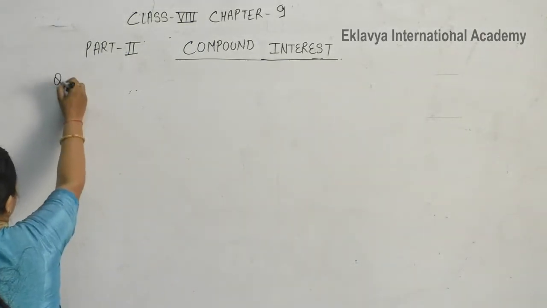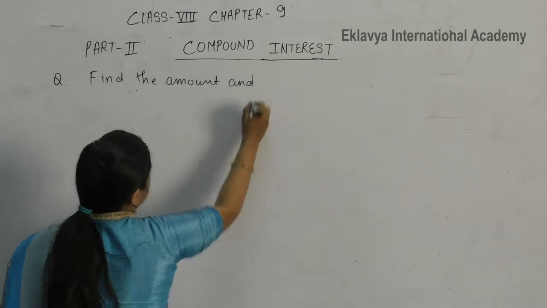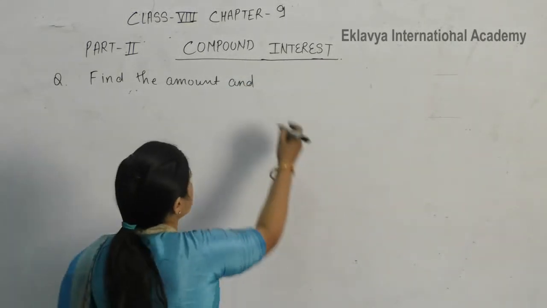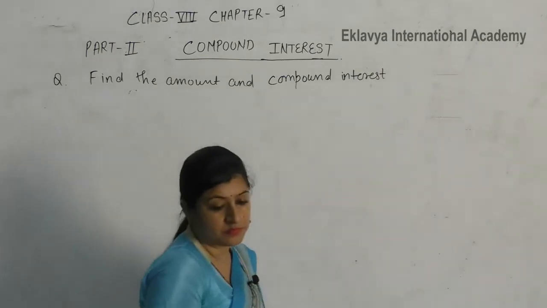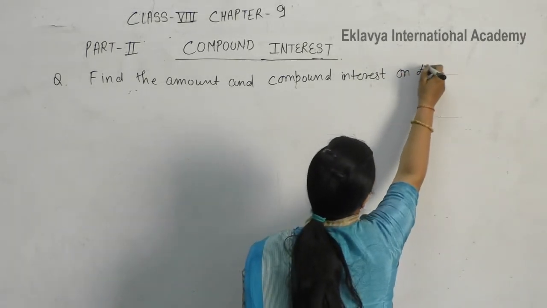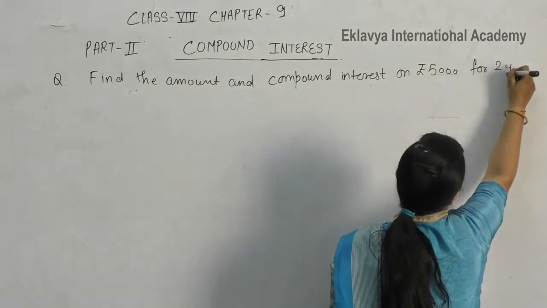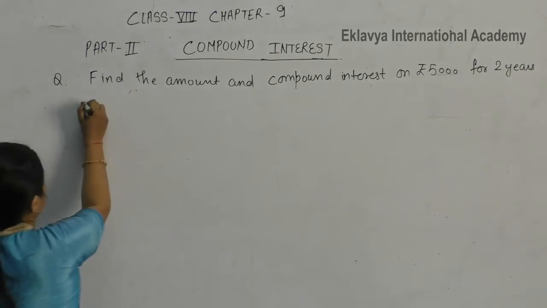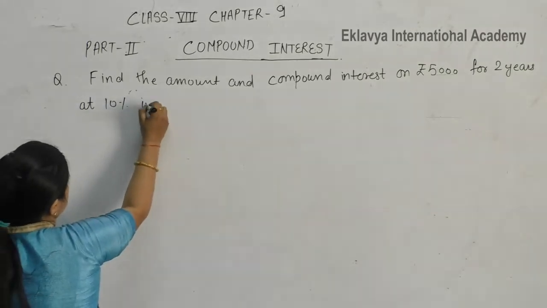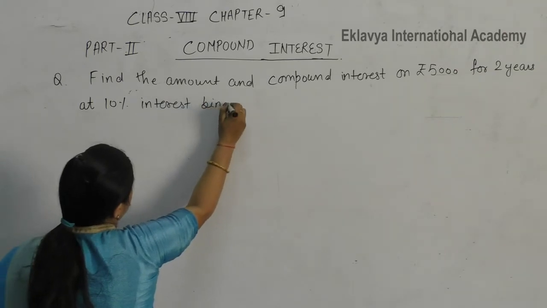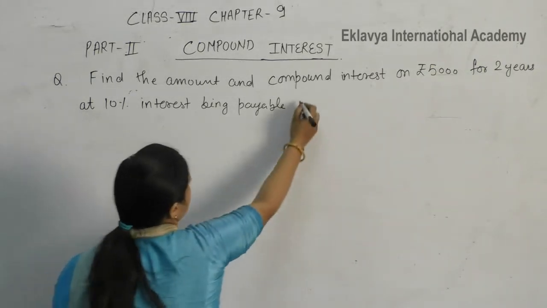Find the amount and compound interest on rupees 5,000 for 2 years at 10% interest, being payable yearly or annually.